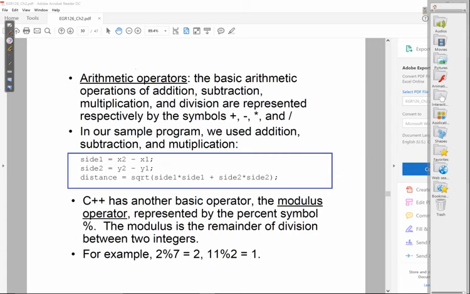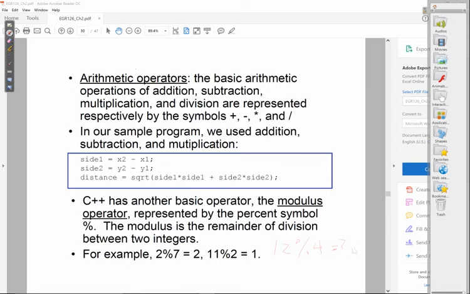The other use of it is to determine whether a number is divisible by another number. So, for instance, if I wanted to check whether 12 is divisible by 4, then I want to check whether 12 modulus 4 is equal to 0 or not.